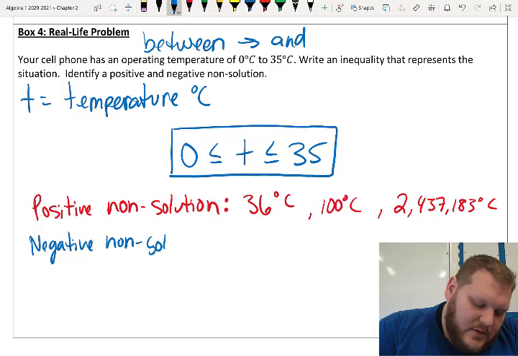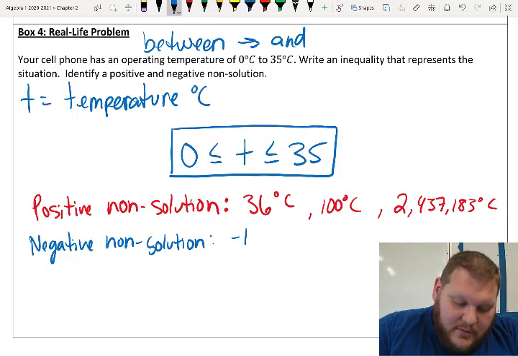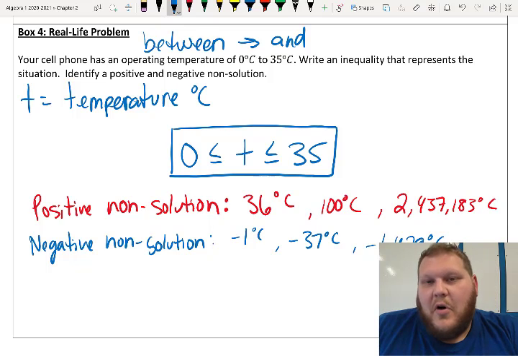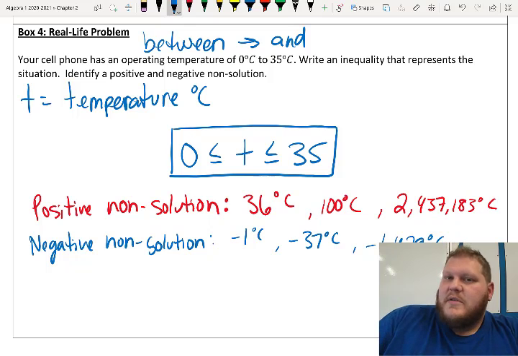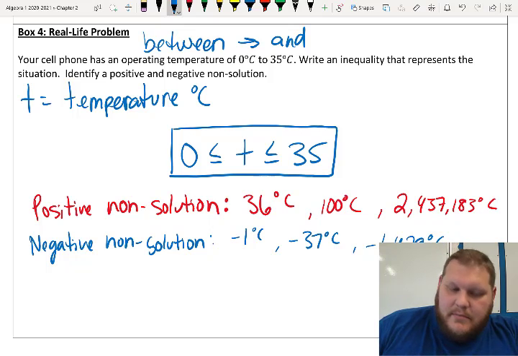Negative non-solutions would literally be any negative number. Negative 1 degrees Celsius would work. Negative 37 degrees Celsius. Negative 1,429 degrees Celsius also works. Any of those things work to be non-solutions.